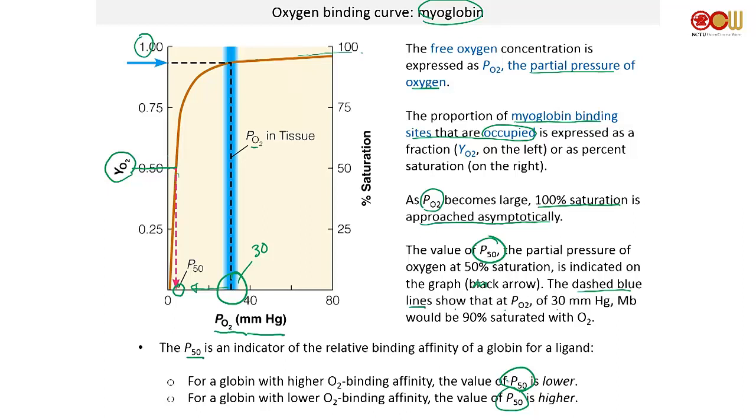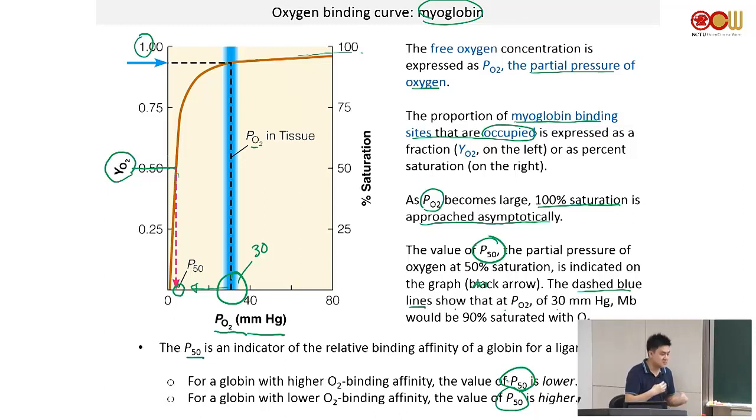It's a little counterintuitive because of the higher and lower, but hear me out. The lower the P50, the less oxygen you need to reach 50% saturation. That means your protein has a super good affinity for molecular oxygen.